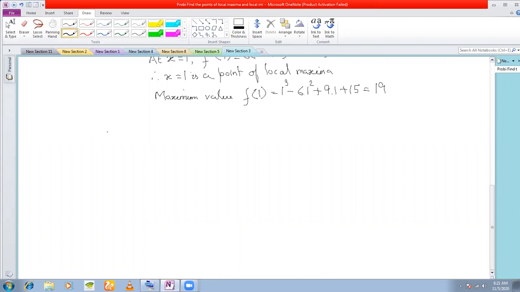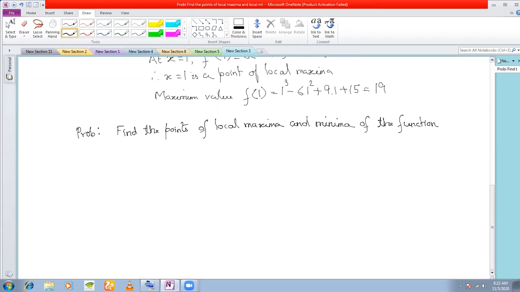The question is: find the points of local maxima and minima of the function f(x) is equal to x to the power of 4 minus 62x square plus 120x plus 9. Find also the local maximum and minimum values.